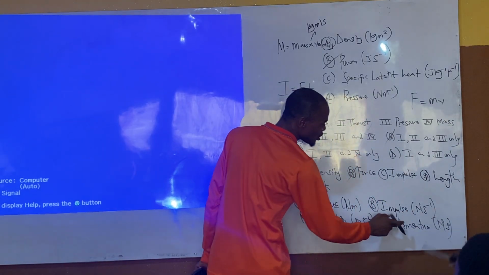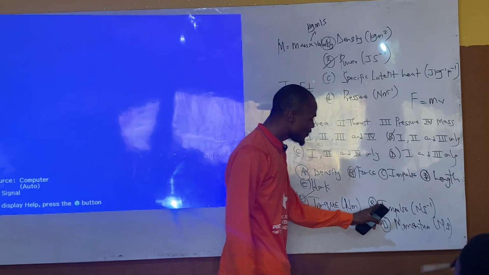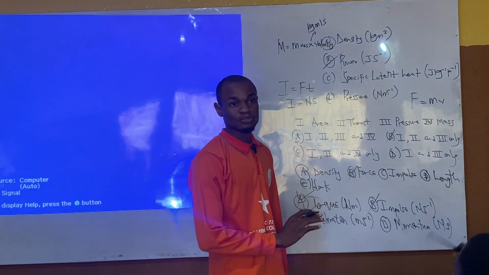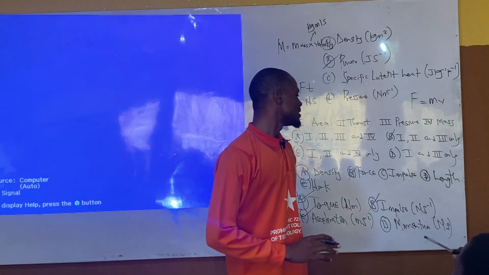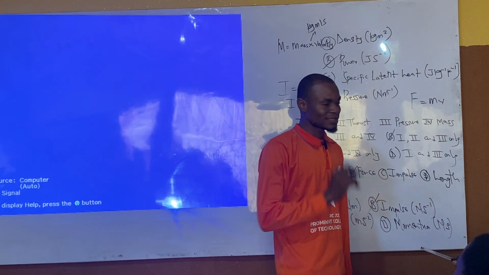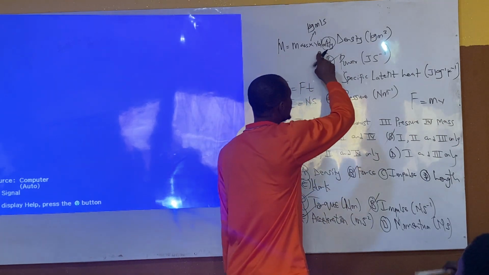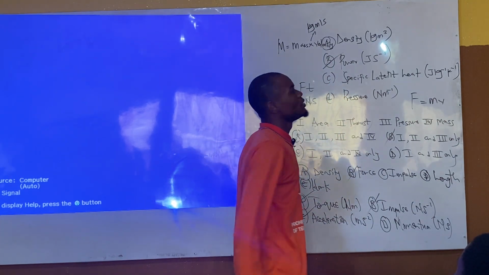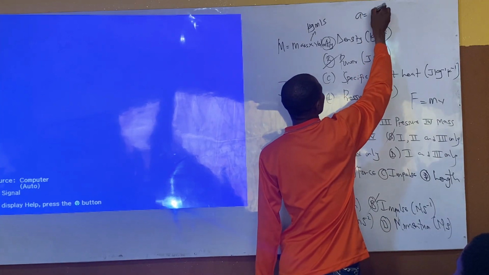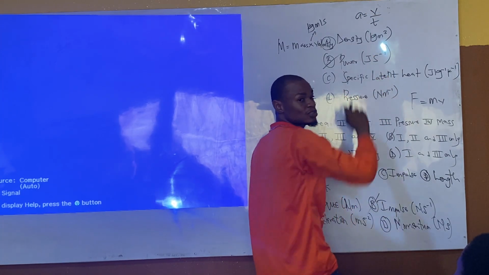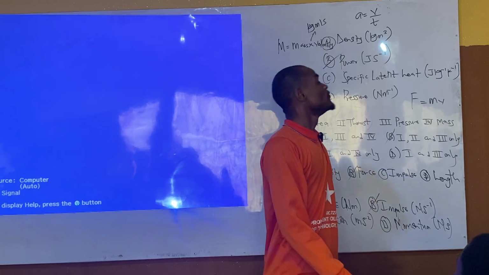I'm very sure option B is wrong, isn't it? Let's try if we can generate these units. Let's use our sense. Velocity formula. Acceleration formula is velocity over time.